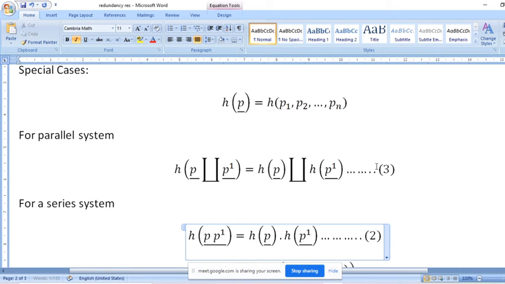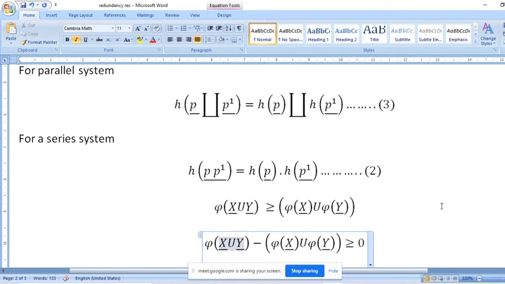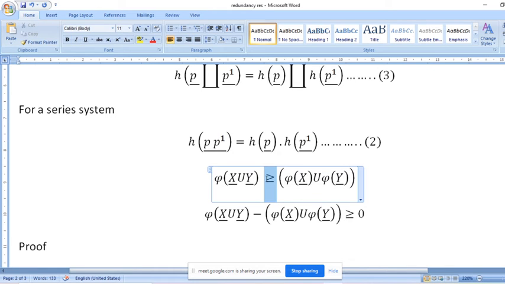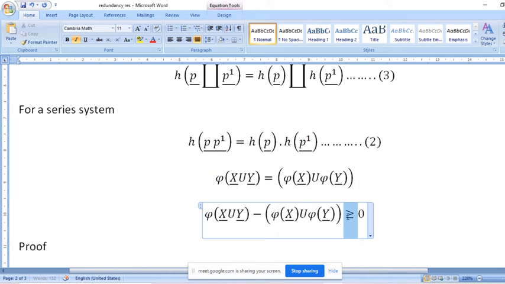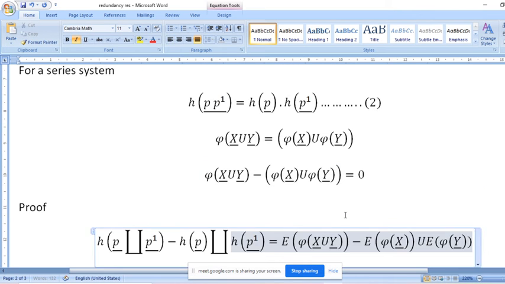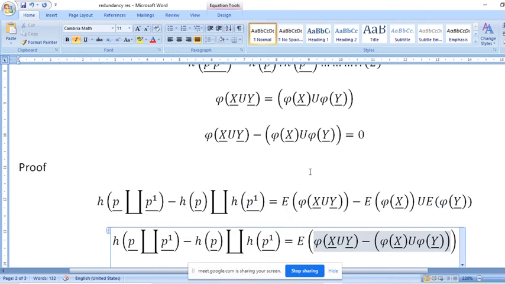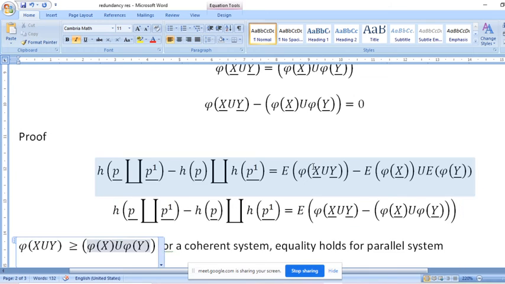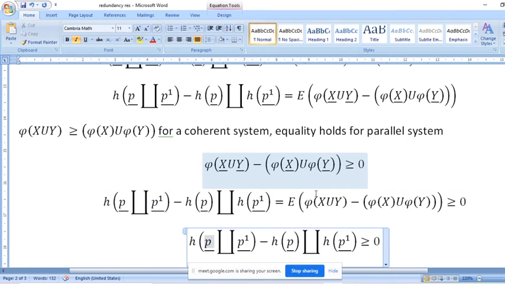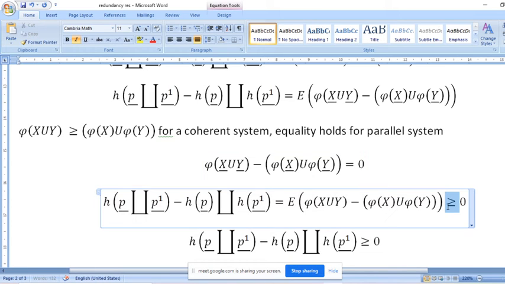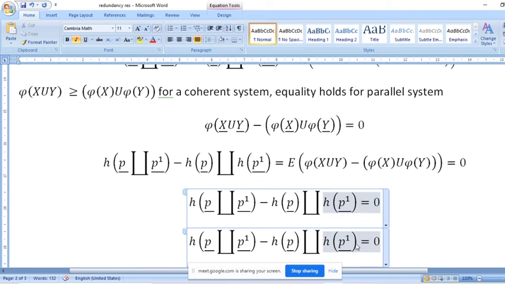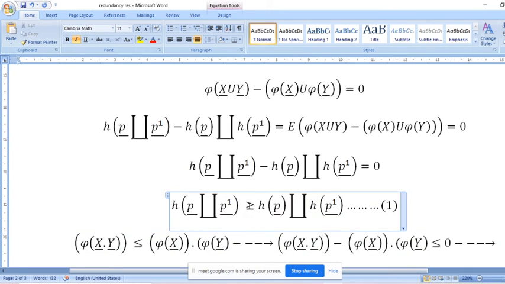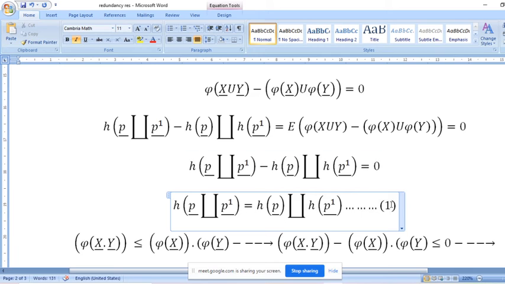How is it possible? We know that for a parallel system this will be equal, automatically this will be equal. So as in the previous case we have these steps. Okay, so for a parallel system the equality holds, so here it will be equal, so also here it will be equal, so automatically this will be equal. So we obtain equation number 3.